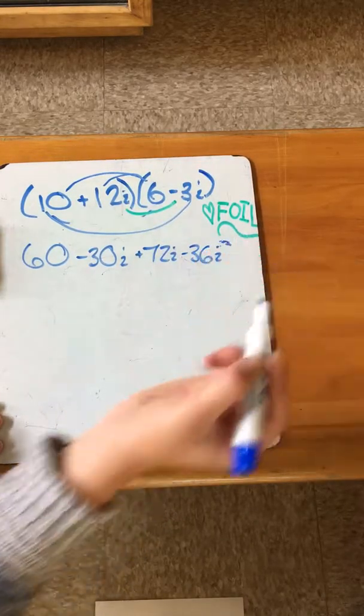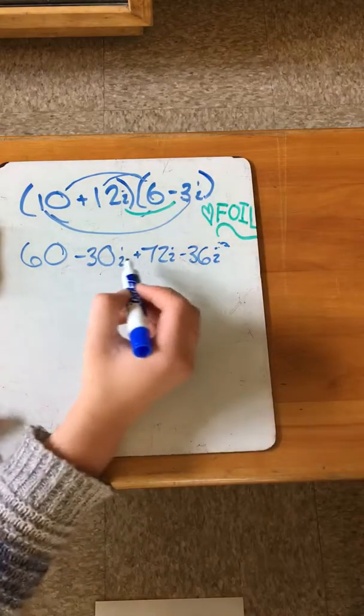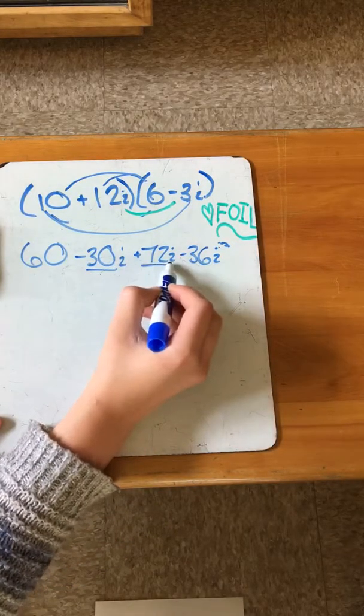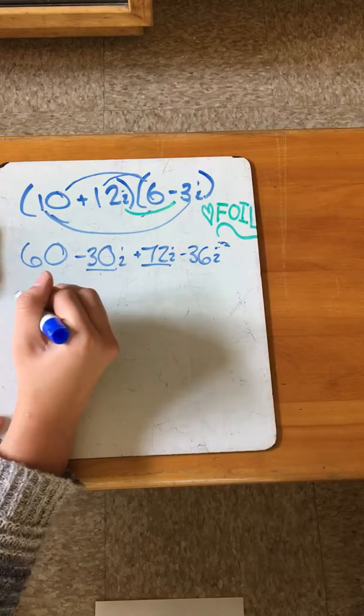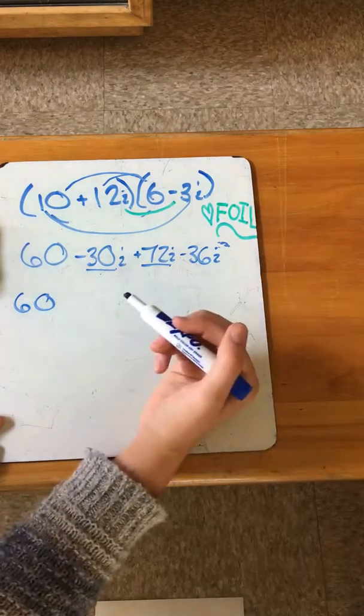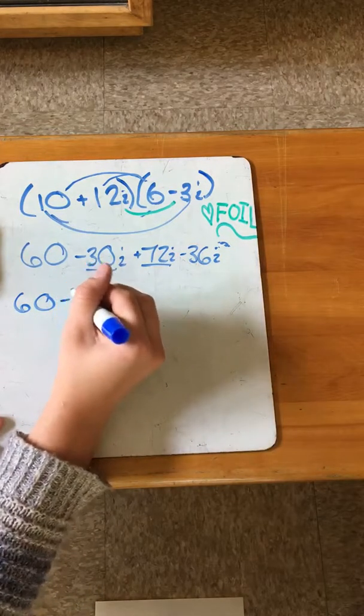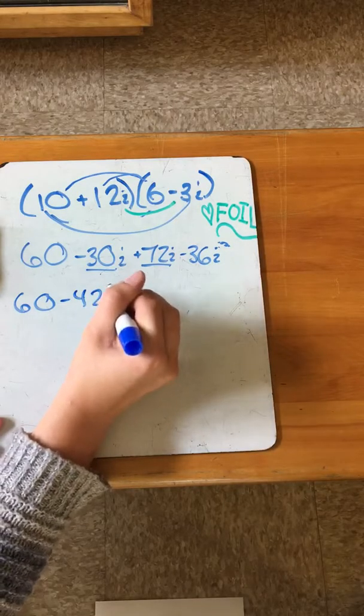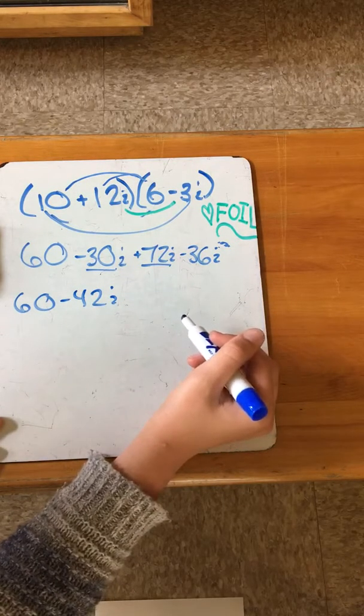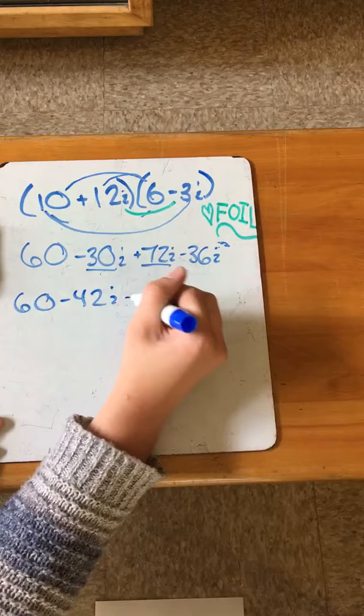Now you combine these two like terms to get 60 minus 42i minus 36i squared.